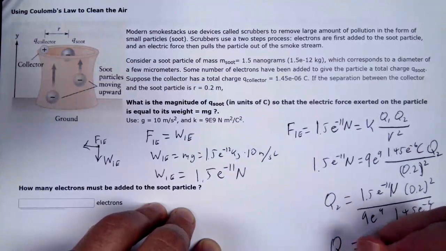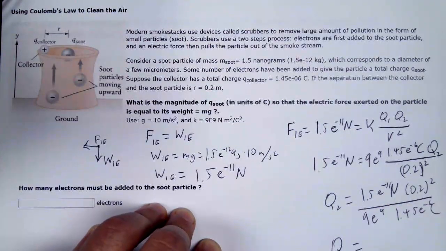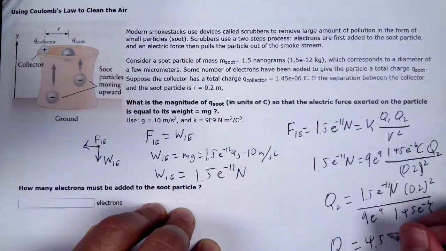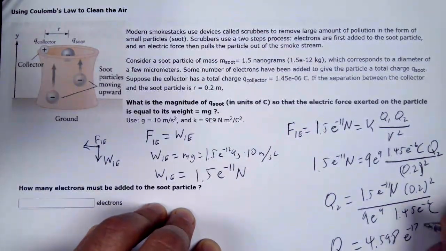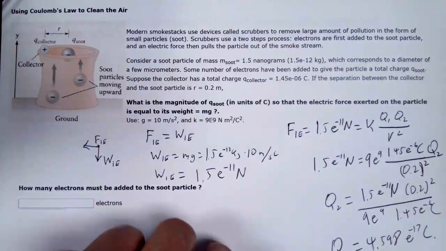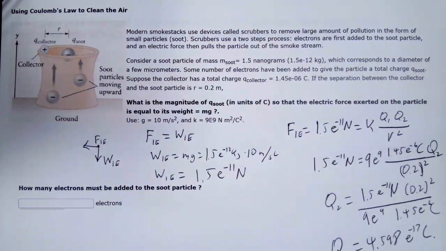Doing the math, this comes out to 4.598 e to the minus 17 coulombs. That's the amount of charge we need to induce that force. So not too large of a charge here.